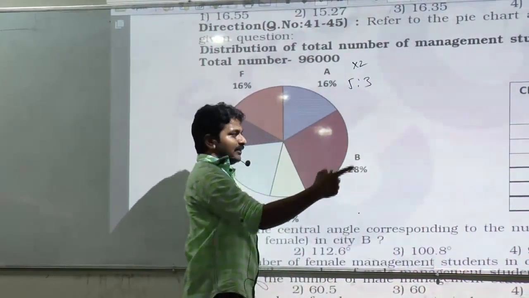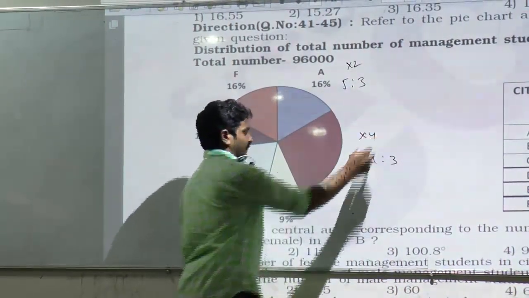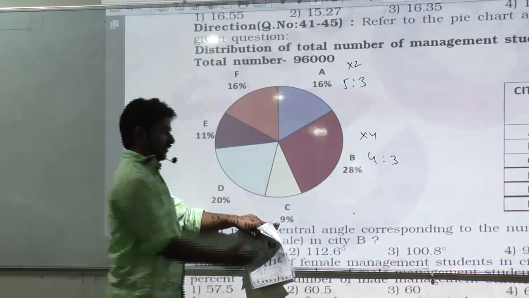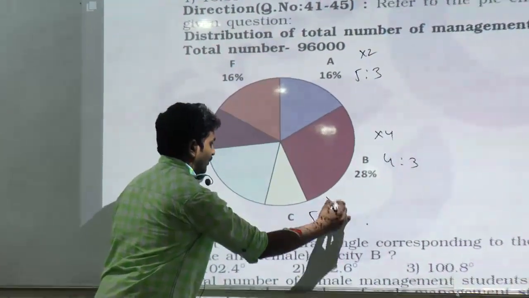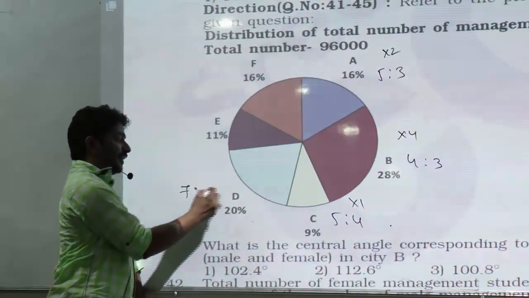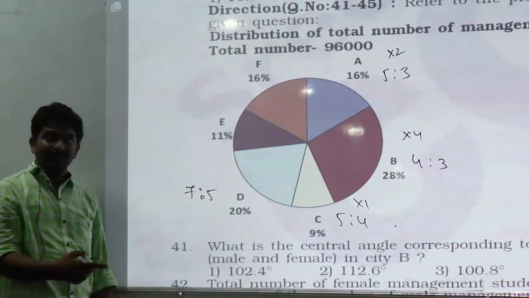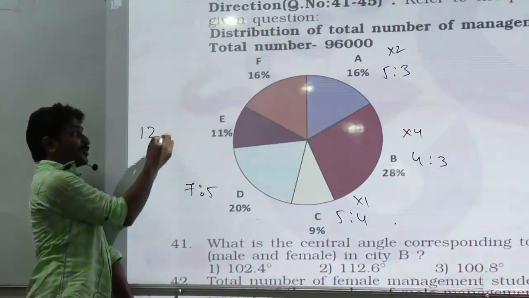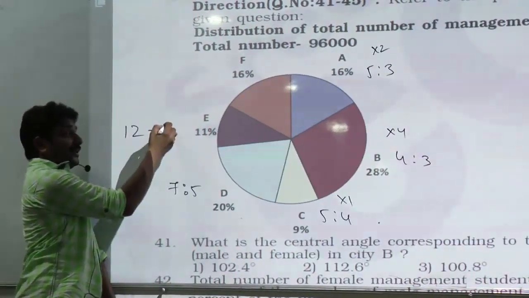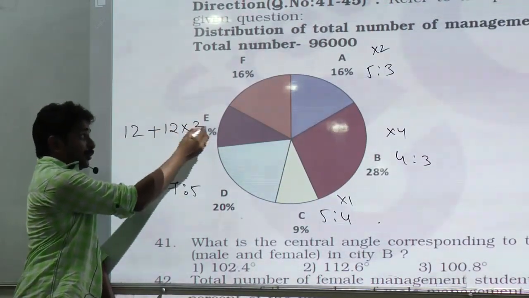B 4:3, 7 parts, 4 times. C 5:4, 1 time. D 7:5, 12. 12 becomes 20. So I'll write 20 as 12 plus 8. You can write 8 as 12 into 2 by 3.